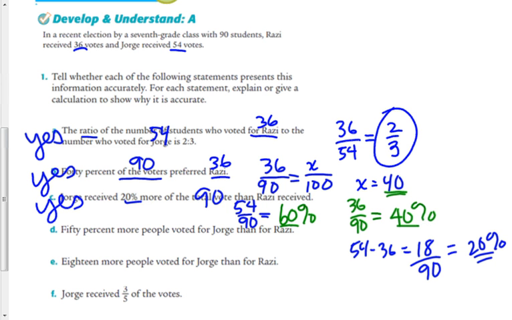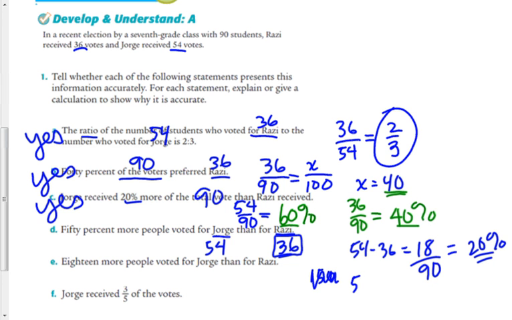D says 50% more people voted for Jorge than for Razi. Well, 54 voted for Jorge, 36 voted for Razi. If you take the number that Razi got, 36, and 50% more is, what we'd be saying is that Jorge compared to Razi is 150%, because 50% more is 150.